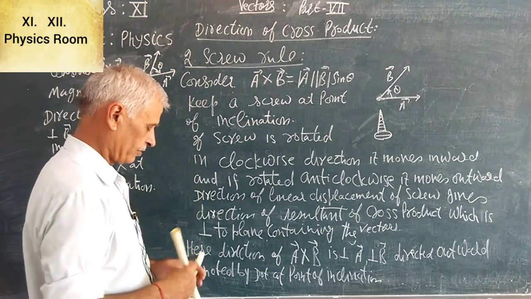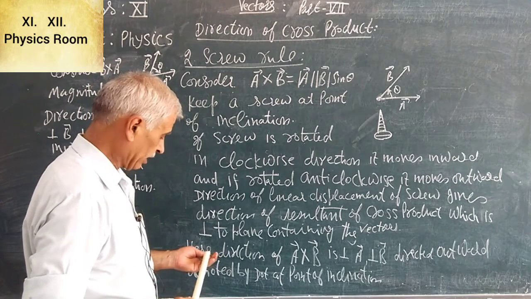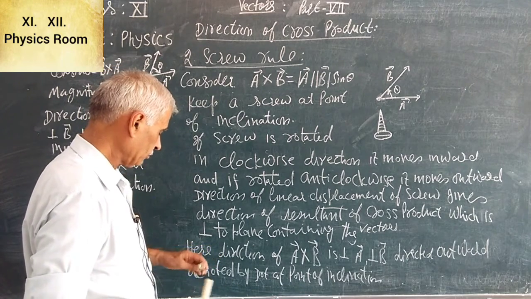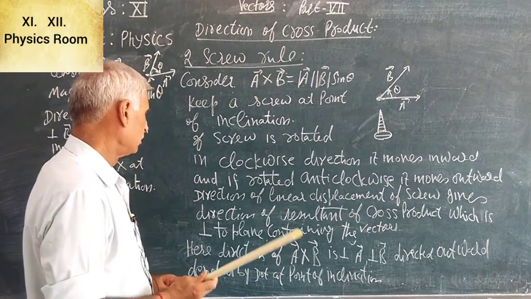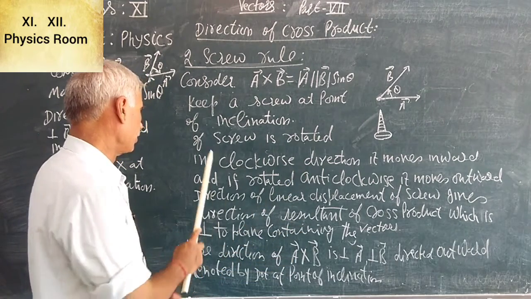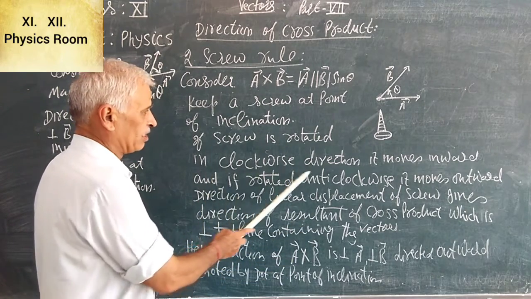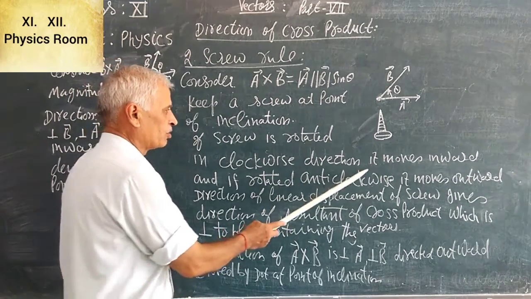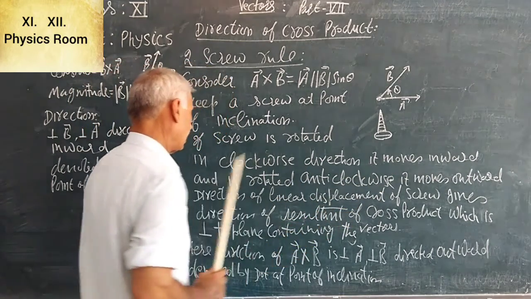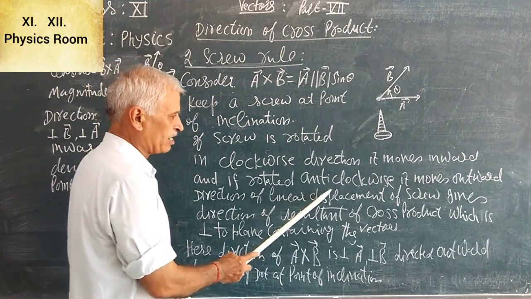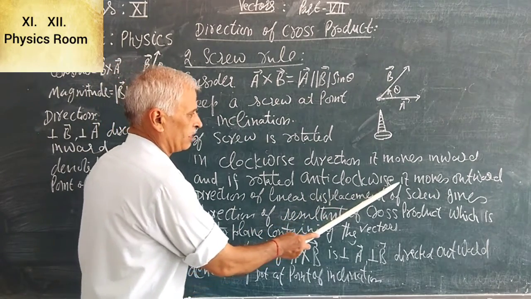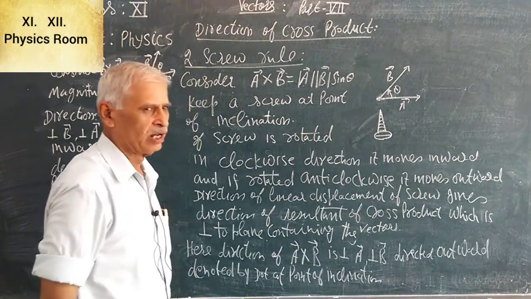Now if the screw is rotated in clockwise direction, it moves inward, and if rotated in anti-clockwise direction, it moves outward. We are familiar with this.